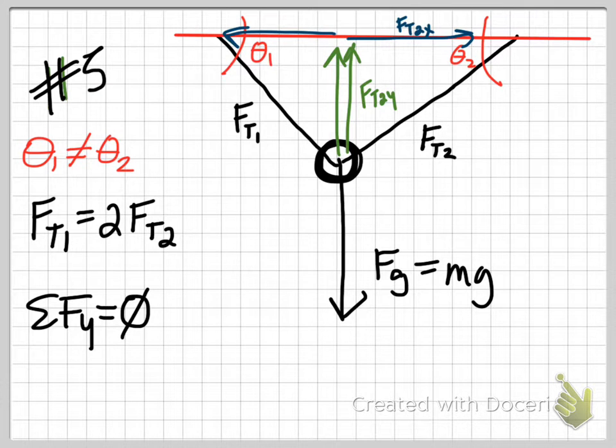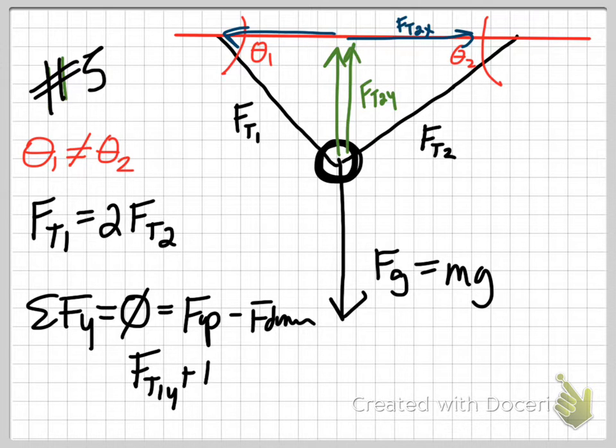We know that Zorba the Mastiff is hanging still. There's no acceleration, so the sum of forces on the y equals 0. All the forces up minus all the forces down. Force up is FT1 on the y. Force of tension 2 on the y would also be up, minus the force of gravity. Can we write an expression for FT2 on the y? Of course we can. Don't be silly.